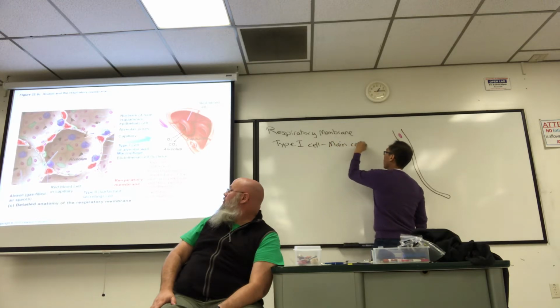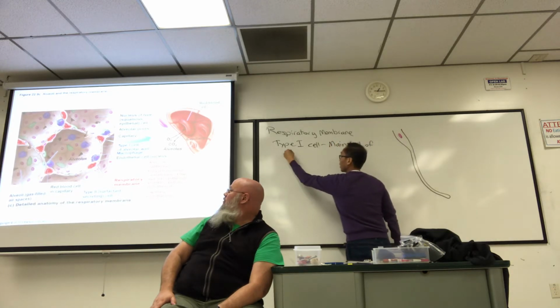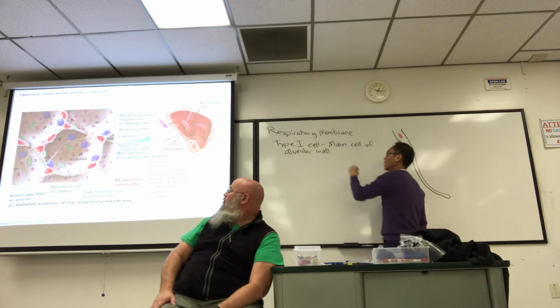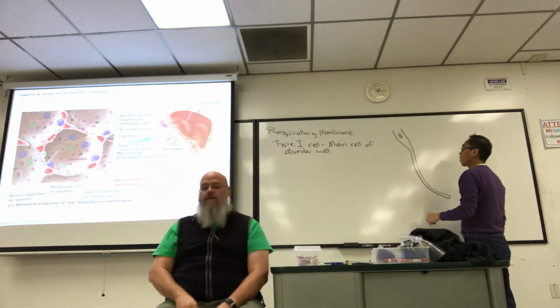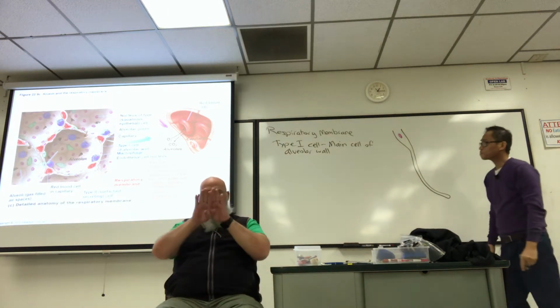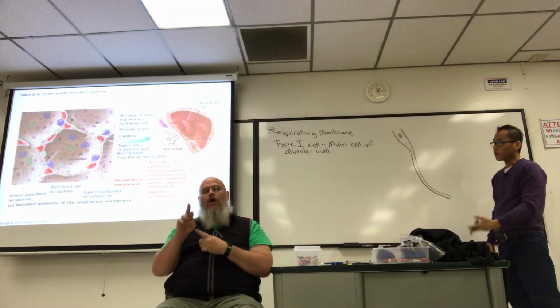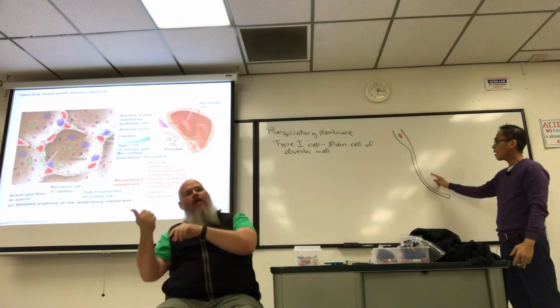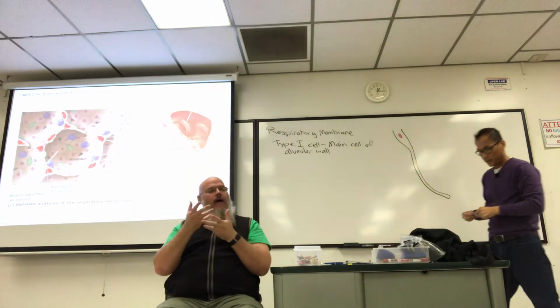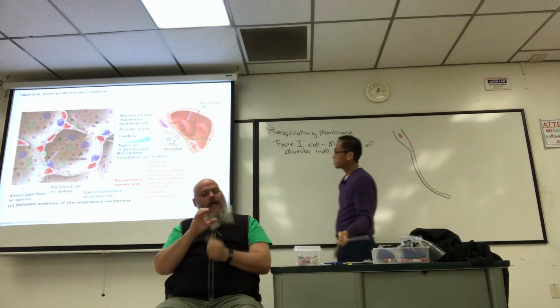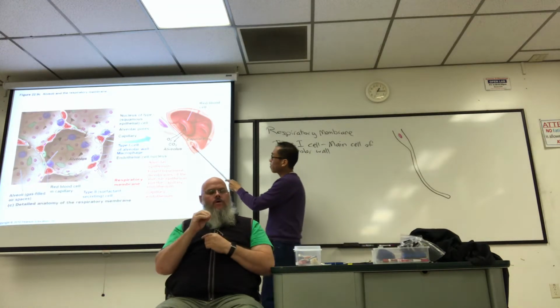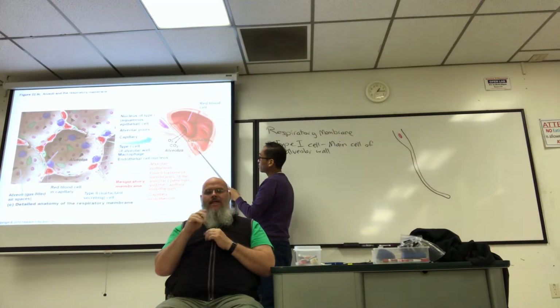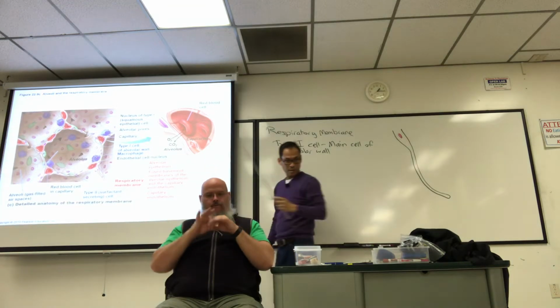Main cell of the alveolar wall. Well, there are other cell types, but let me talk about how it interacts with the pulmonary capillary. So this red cell is the endothelial cell of a blood vessel, of a pulmonary capillary.